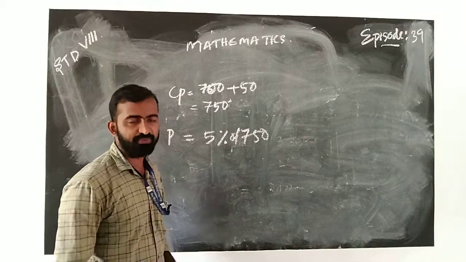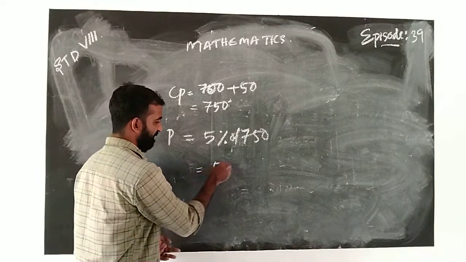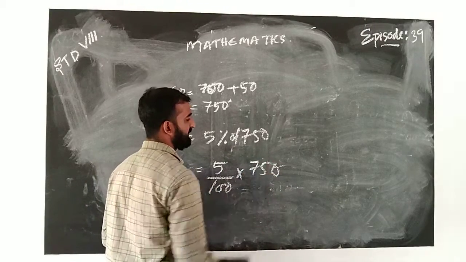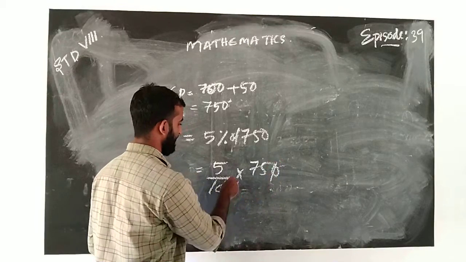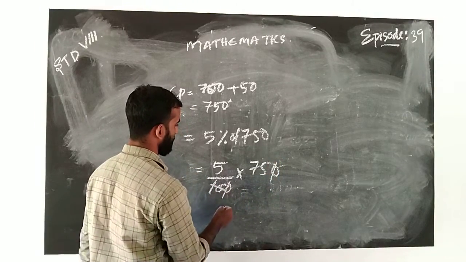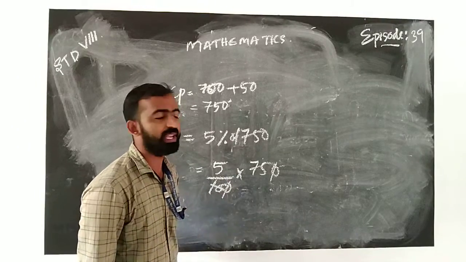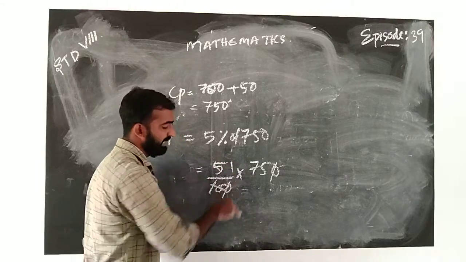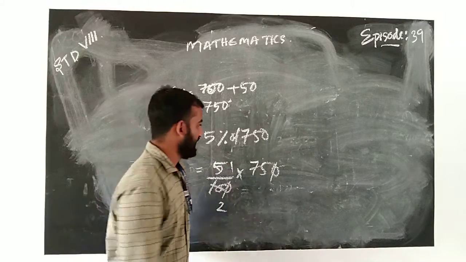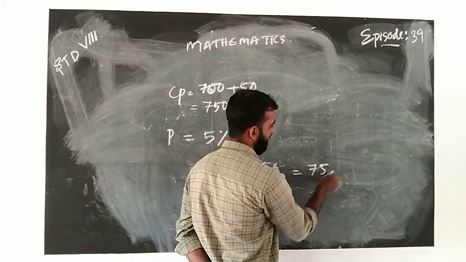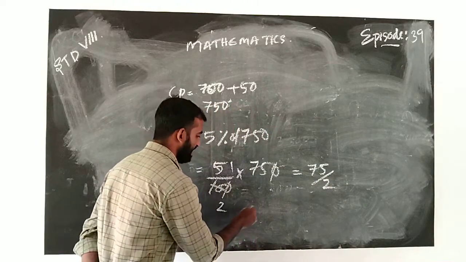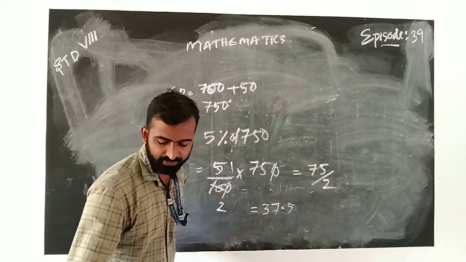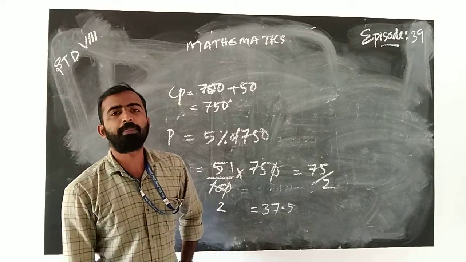That means 5 by 100 into 750, which gives 75 by 2, that is 37.5.